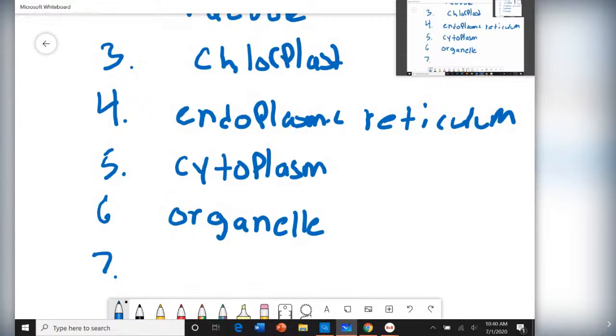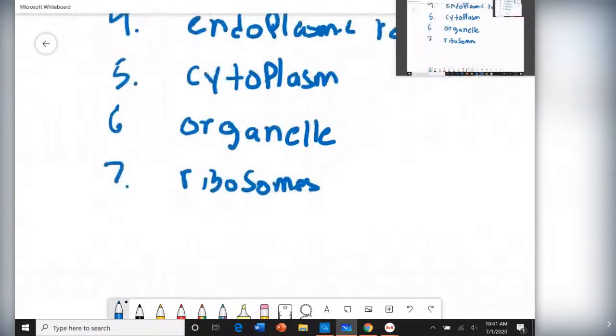This is the organelle that puts together proteins for the cells. And that would be the ribosomes. Okay. 8. This is a structure where food and oxygen react to release energy. That's the mitochondrion.